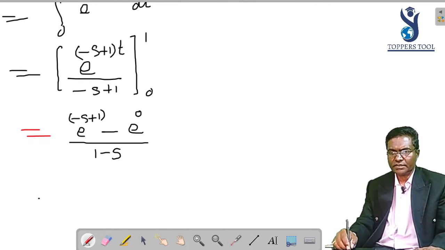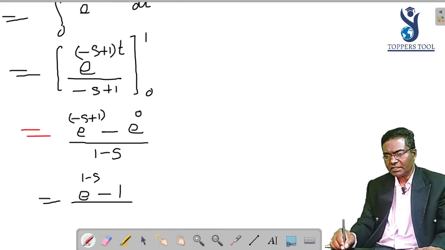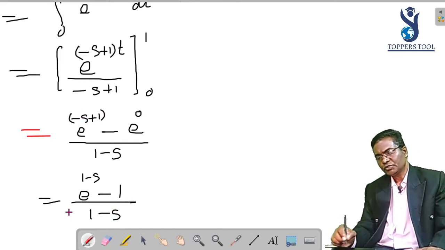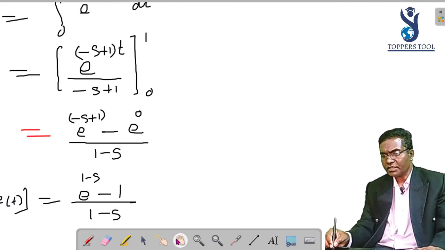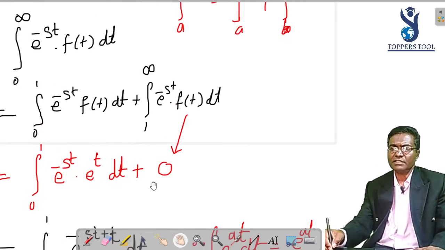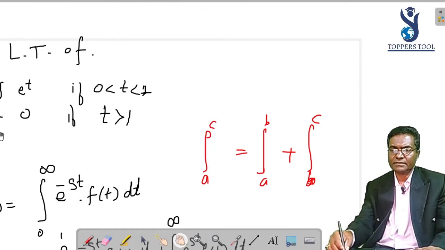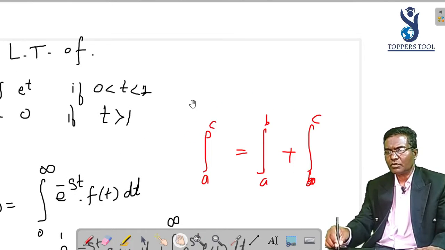So your result is e power (1 minus s) minus 1, by 1 minus s. E power 0 is 1, so 1 minus s I write. So this is your L of f of t. Whenever the function is given in two subintervals or three subintervals like this, this is the method. Let's have one more.